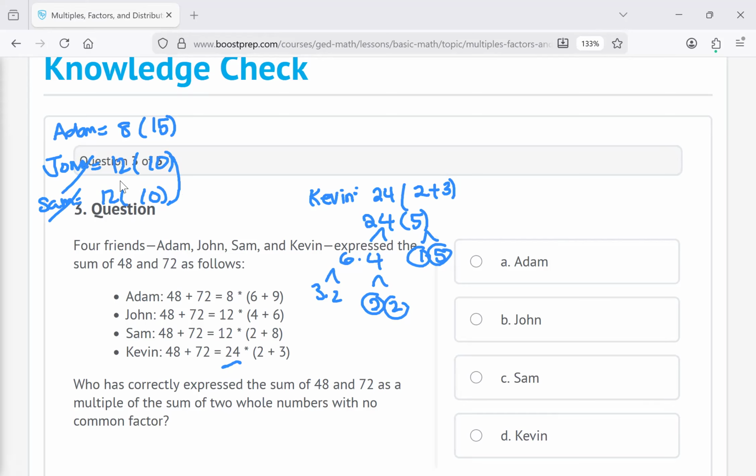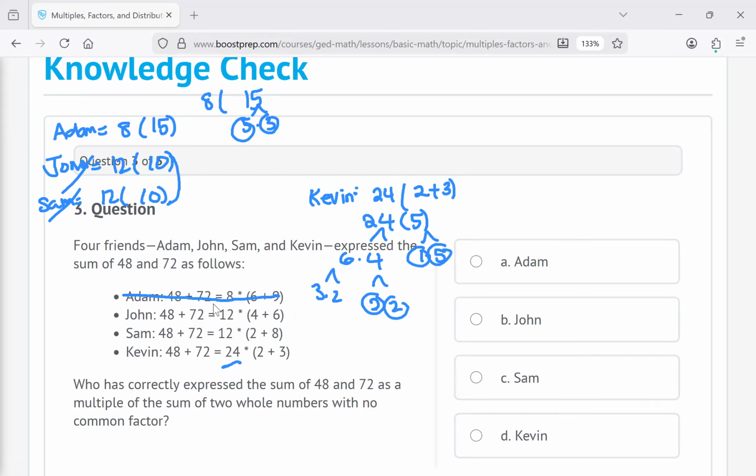Why don't I use Adam? Because 8 and 15, 15 is the same thing as 5 and 3. We have a repeating factor somewhere. There's something repeating, so that's why Adam is not the one.